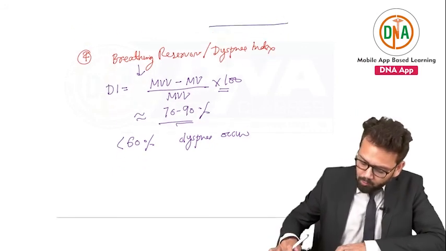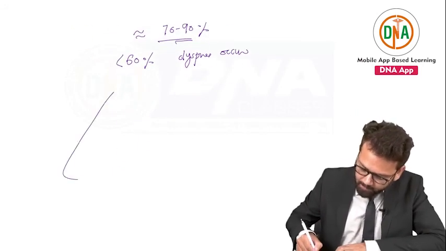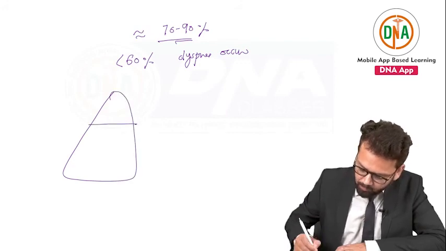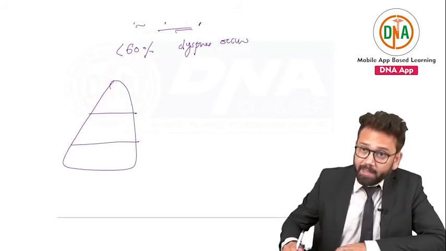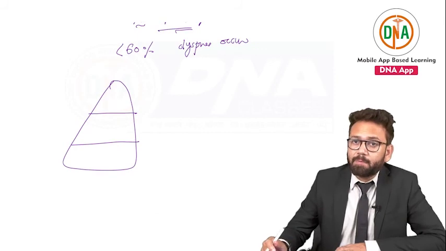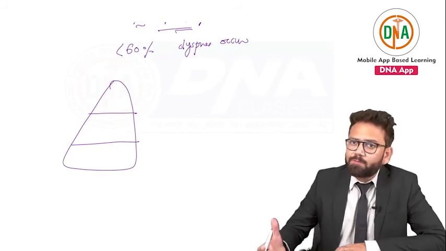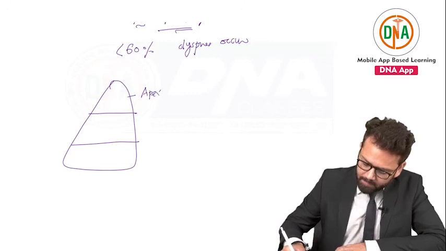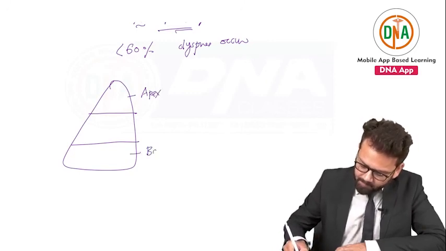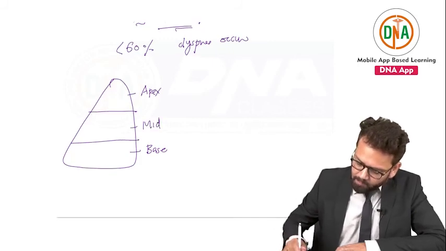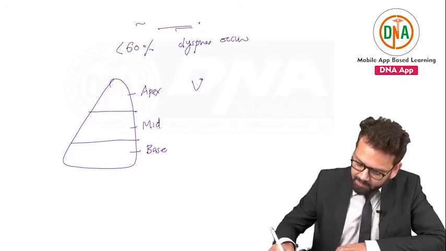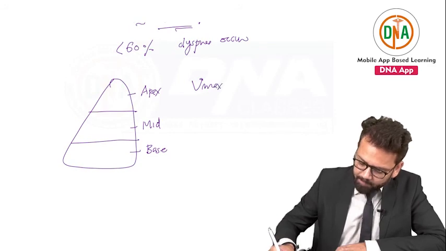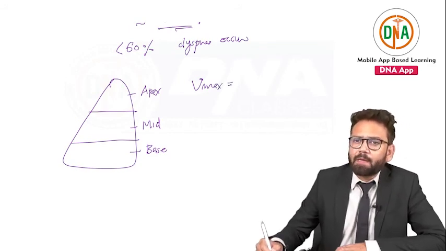Okay. Now one more thing. We have already discussed the V by Q ratio. We have discussed that it is maintained because of surfactant. Now what is the V by Q ratio at the apex, at the base, and at the mid? First of all, is ventilation maximum at the apex or base?